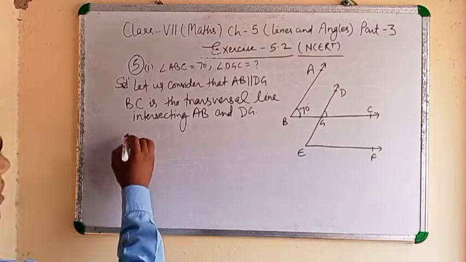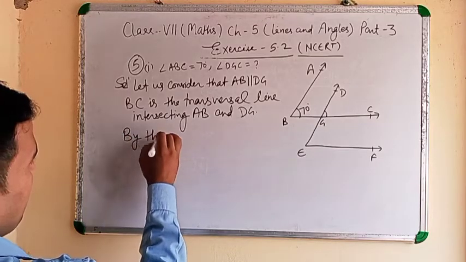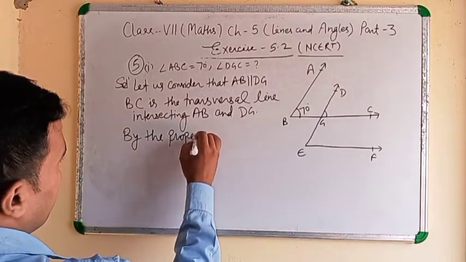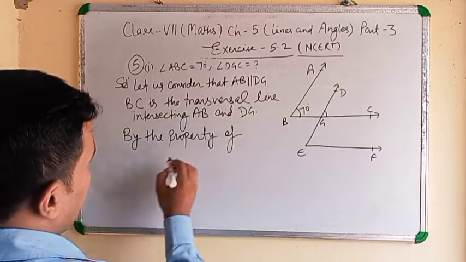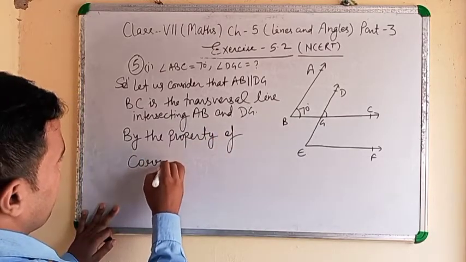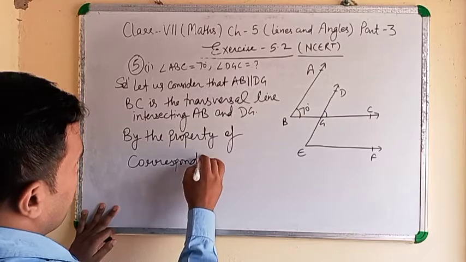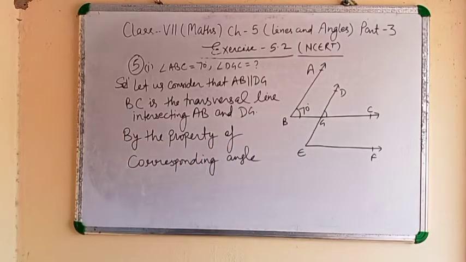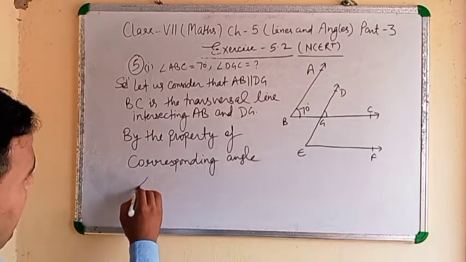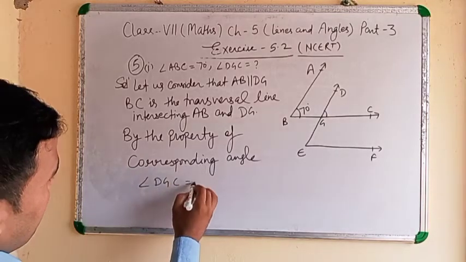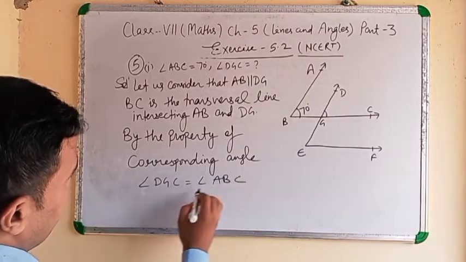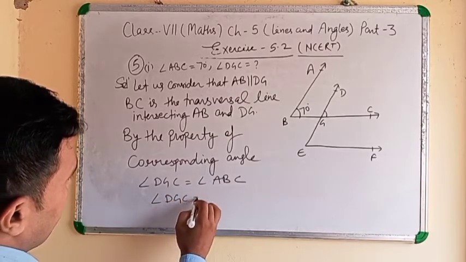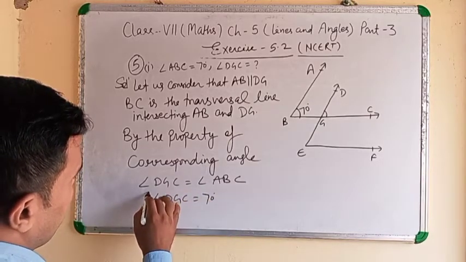By the property of corresponding angle, angle DGC equal to angle ABC, angle DGC equal to 70 degree.